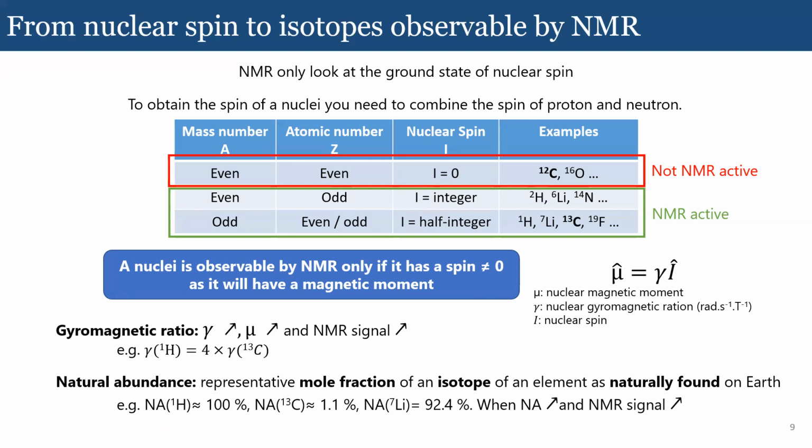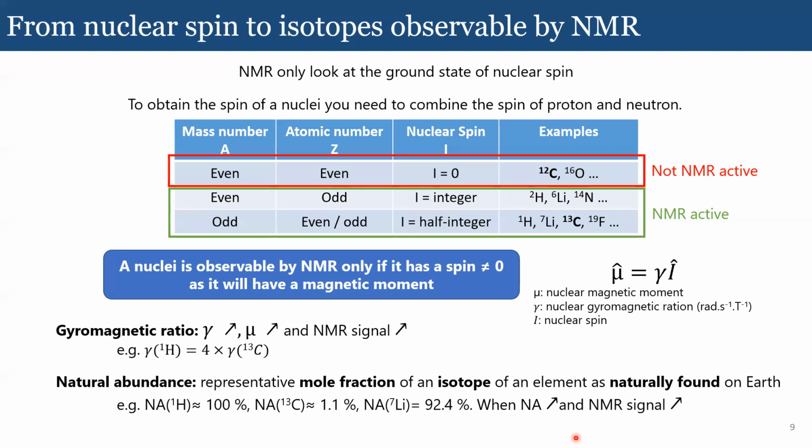But if you take carbon-13, the NMR active isotope of carbon, it's only 1.1% abundant. From that, you can figure out that if your natural abundance increases, your NMR signal is going to increase, because you're going to have more spins working to give you signal.